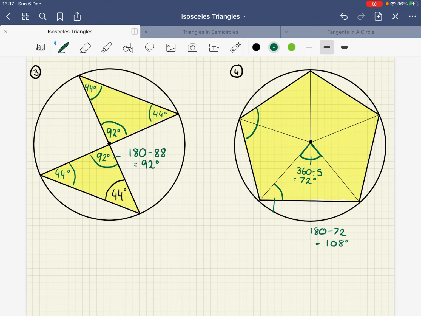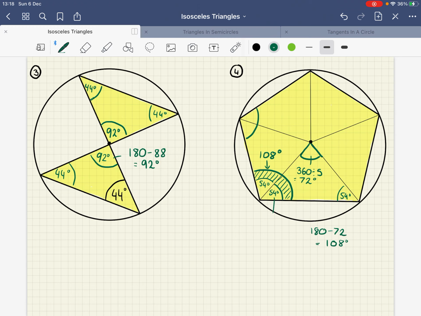So I divide it by 2, which gives me 54 degrees in each of those little bits. And that means the bit on the other side is also going to be 54 because they're identical. So this whole angle all the way around is going to be 108 degrees.